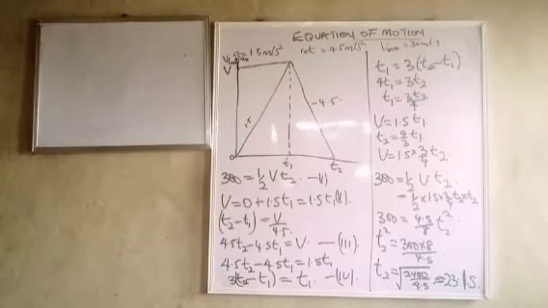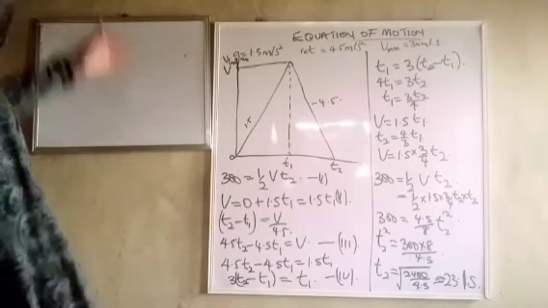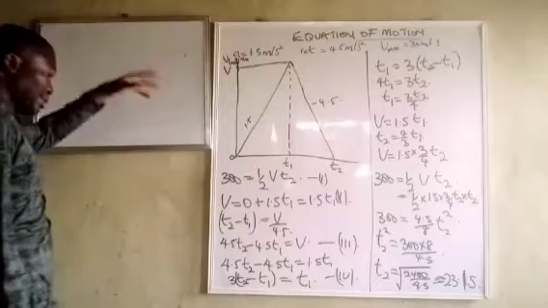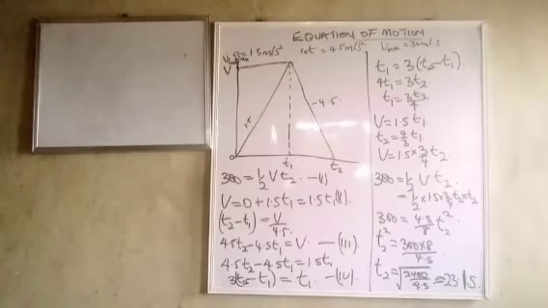Now, we have realized that if it moved fully at the highest acceleration and deceleration to the highest velocity, the total distance covered is 400 meters. Now we are asked to find the shortest time to cover 1000 meters. Let's go and do that.